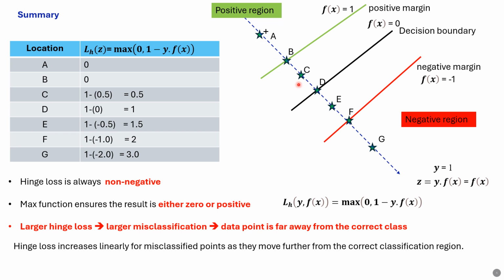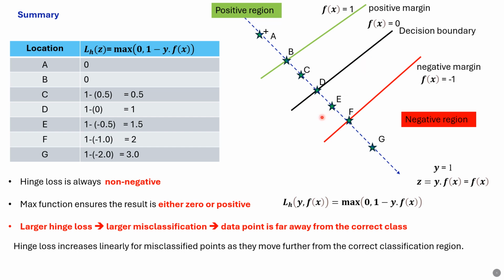At C it becomes 1 minus 0.5. Here we have used this equation, y times f of x. Since y is 1, this is just f of x. Now at D, hinge loss is 1 minus 0. It is 1. We always know the hinge loss on the decision boundary is 1.